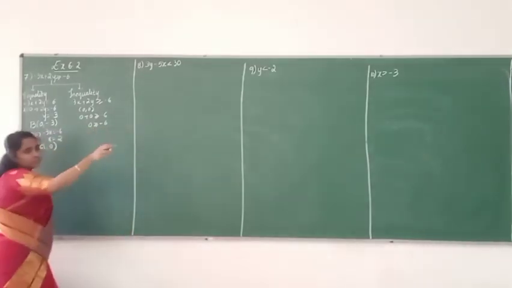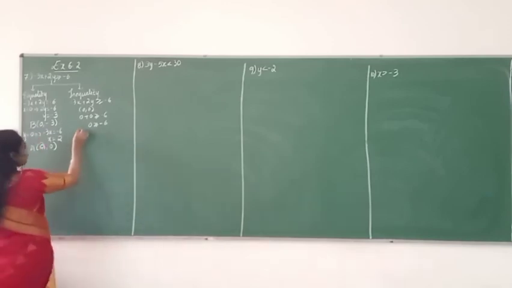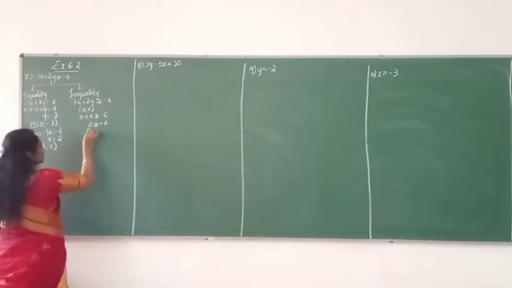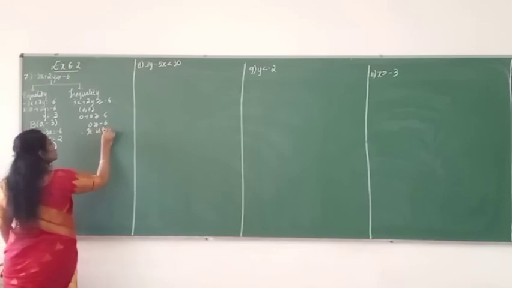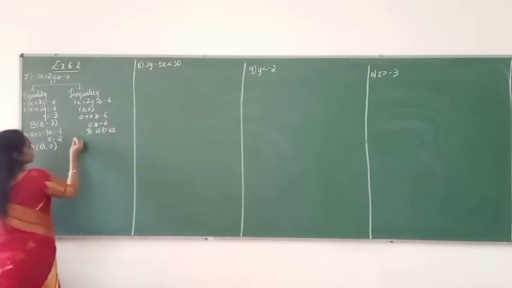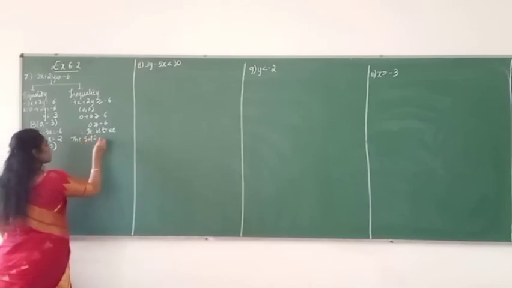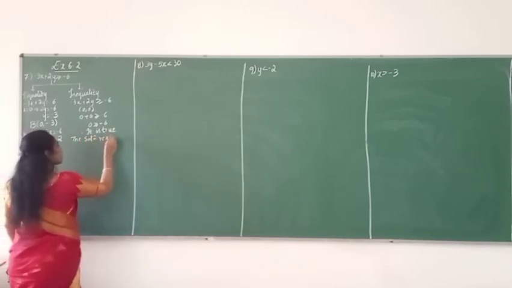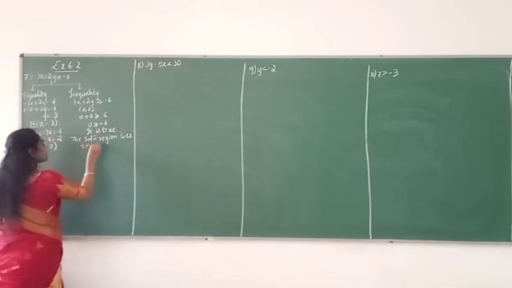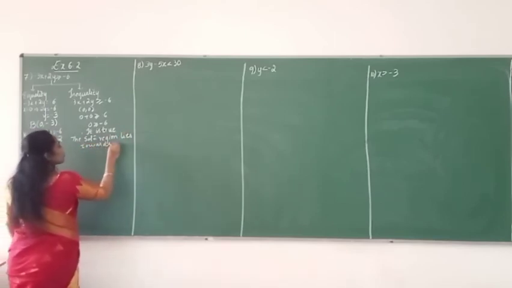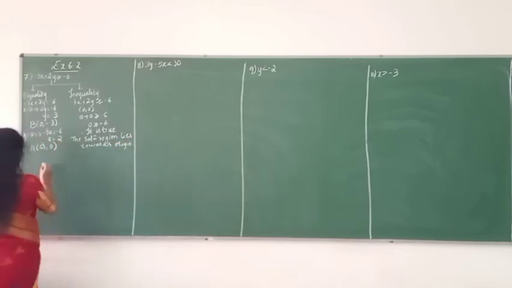If it was positive, then it would not have satisfied. Therefore it is true. The solution region lies towards the origin. Fine. Now I will just draw the graph.